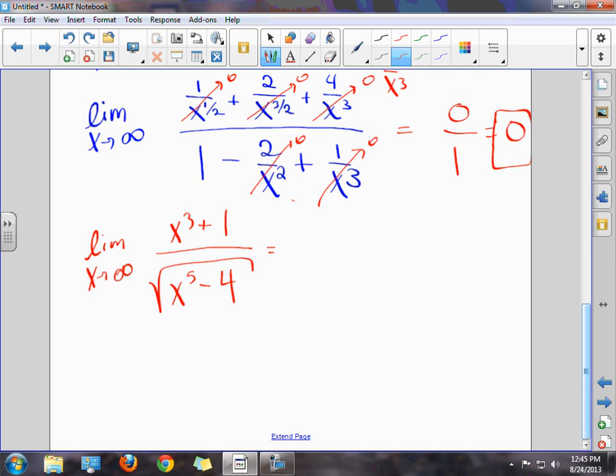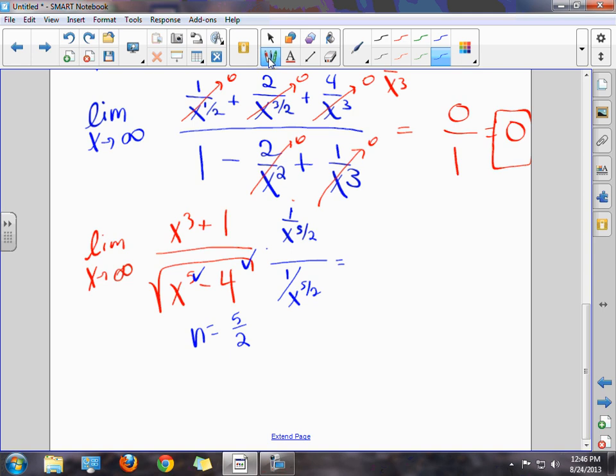So we're taking the square root of x to the 5th. So that means that my degree down here is going to be 5 halves. So I want to multiply the top and the bottom by 1 over x to the 5 halves. So let's see what happens.